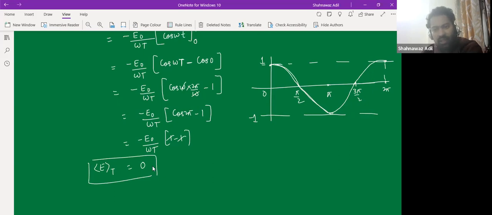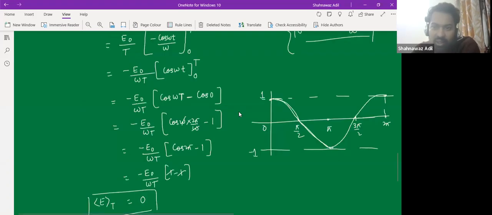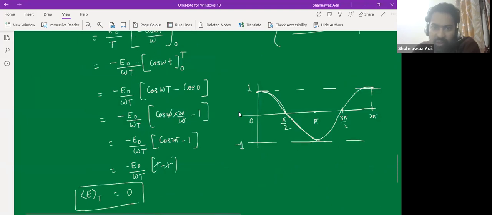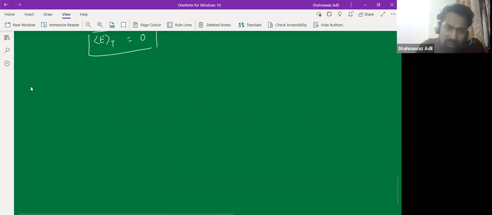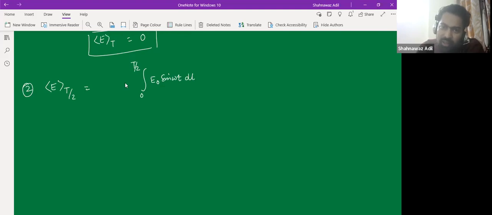That is one thing. I will also write the average in half cycle, and I will also calculate E RMS. I will calculate all these things, and then you guys calculate them too. The average in half cycle would be the integration from 0 to half cycle of E naught sine omega t dt divided by T by 2.